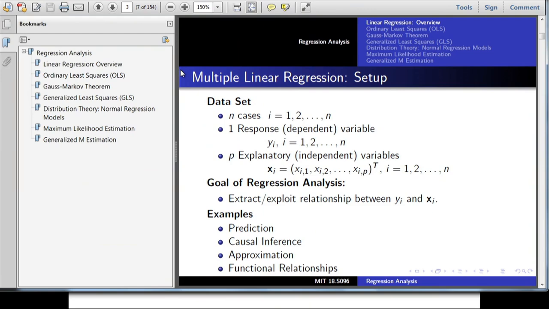So one can use regression analysis to approximate functions nicely, and also to uncover and validate functional relationships amongst the variables.